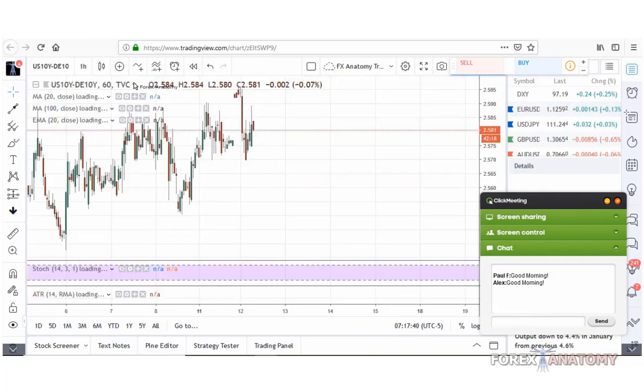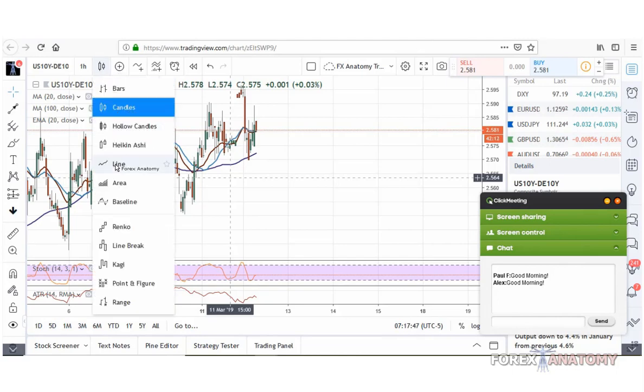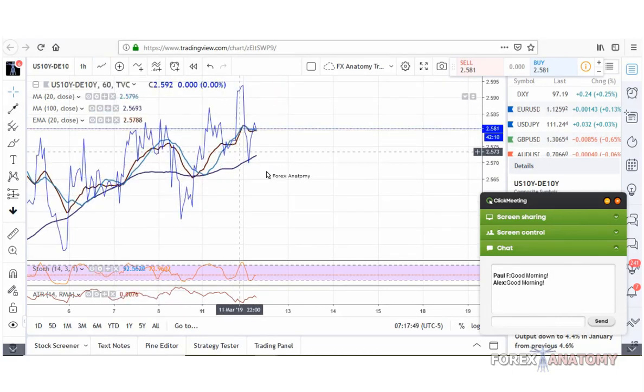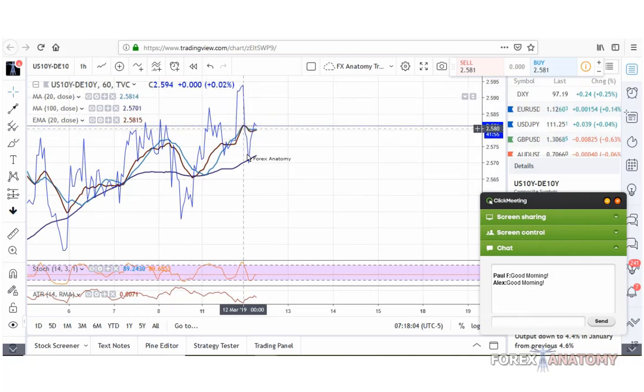Okay, and let me just turn this to the line chart real quick, because what I wanted to point out is that for a while we've been seeing the spread between the U.S. and German 10-year Treasury yields rally to the upside. We recently saw this slide lower, this weakness.